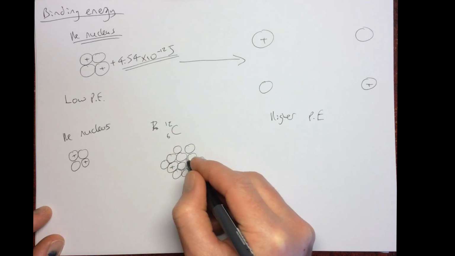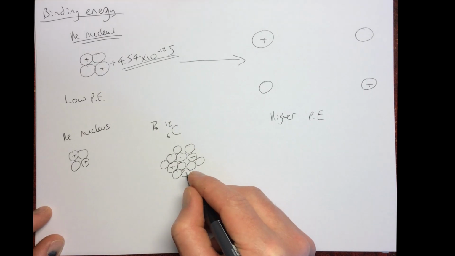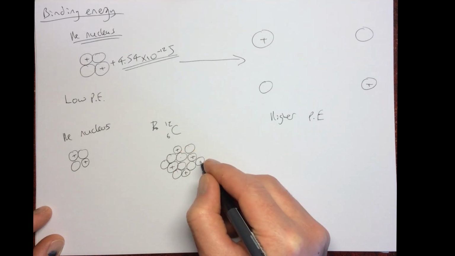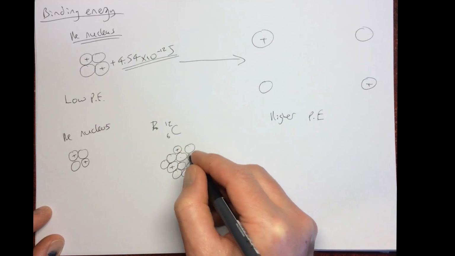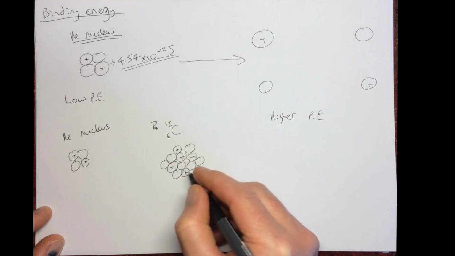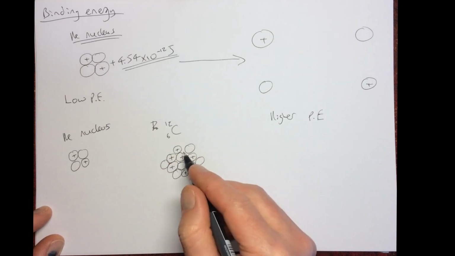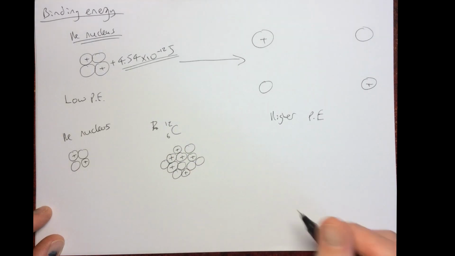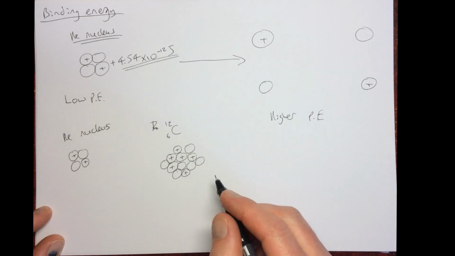Okay, so 1, 2, 3, 4, 5. It's probably not a very good diagram this, but it'll do. 6, right? So 1, 2, 3, 4, 5, 6 protons. Bad diagram, but you get the idea, okay?